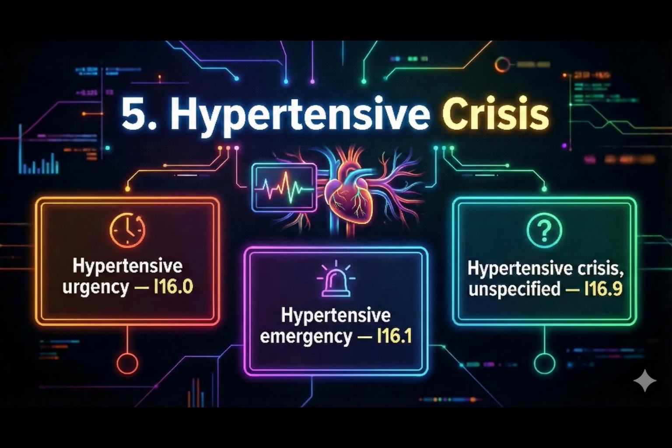Hypertensive crisis, I-16. Next, let's talk about hypertensive crisis, which requires immediate clinical attention and is coded under the I-16 category. Hypertensive crisis includes three specific code options depending on the severity and documentation.